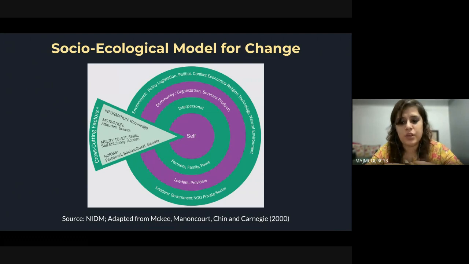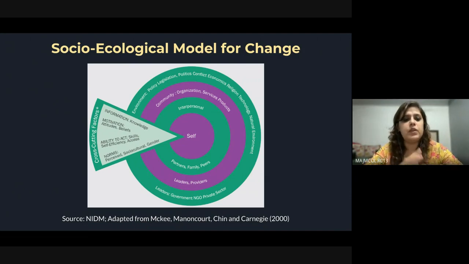Self is what you are, essentially an individual. Second is the interpersonal section, wherein partners, family, peers, friends come into the picture. The third stage is the community, wherein organizations, leaders, providers, people around you constitute the community. And the fourth stage is the environment, wherein policy, legislation, leaders, government, NGOs, politics, economics, religion, technology, everything comes into the picture here.